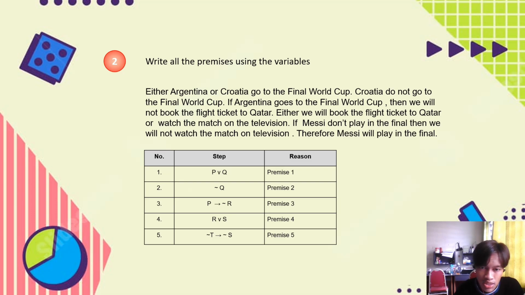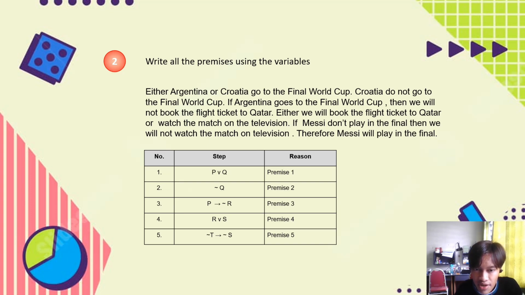premise, which is R or S, either we will book the flight ticket to Qatar or watch the match on television. We will book the flight to Qatar is R, and watch the match on television is S. For premise 5, if Messi doesn't play in the final, then we will not watch the match on television.